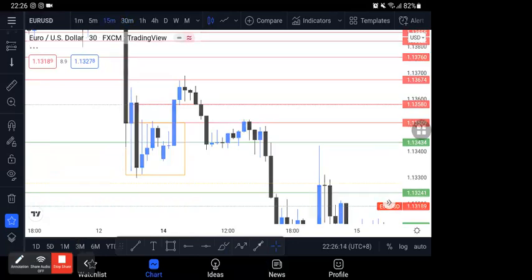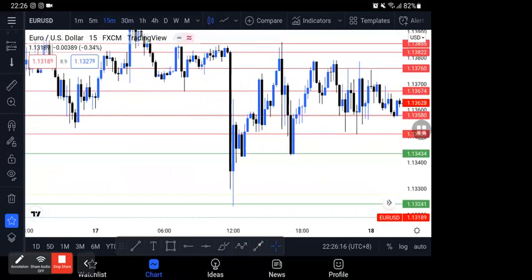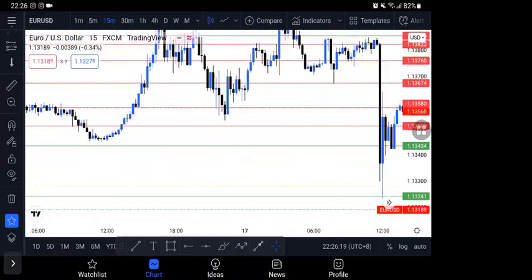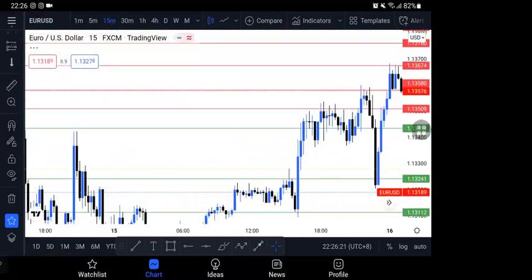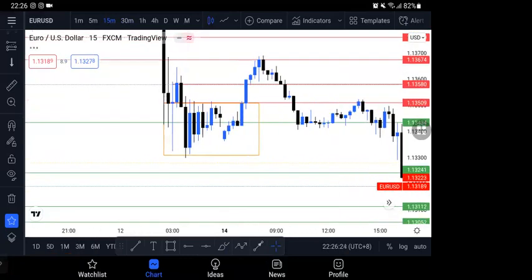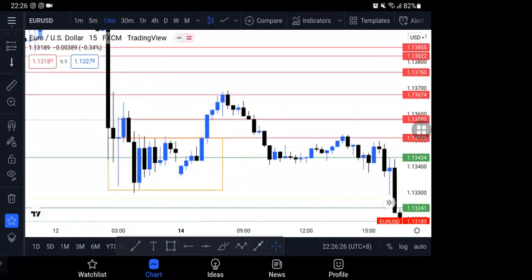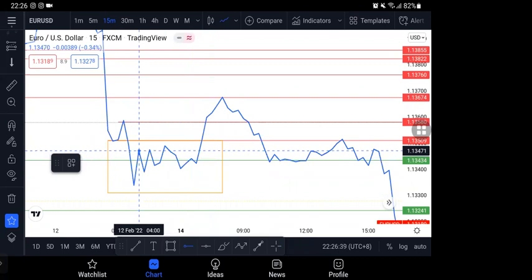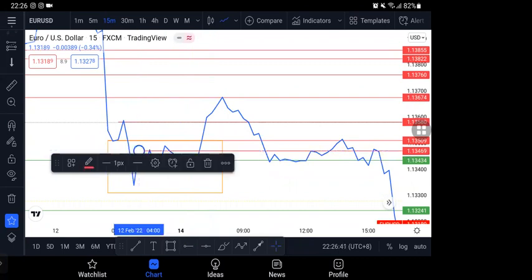So down into M15. So where is the bias? Okay, this one is the buy resistance, right?